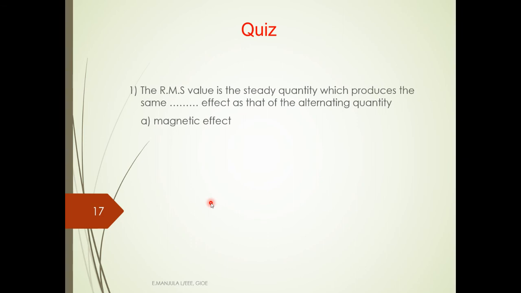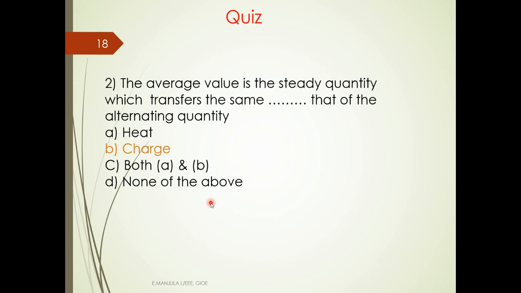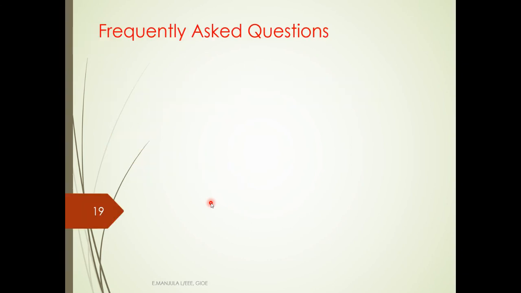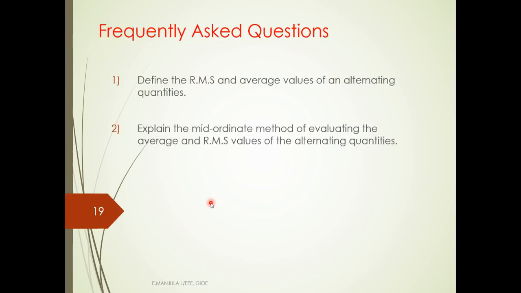The RMS value is the steady quantity which produces the same heating effect as that of an alternating quantity. The average value is the steady quantity which transfers the same charge as the alternating quantity. These are some frequently asked questions: the definitions and the explanation of the mid-ordinate method.